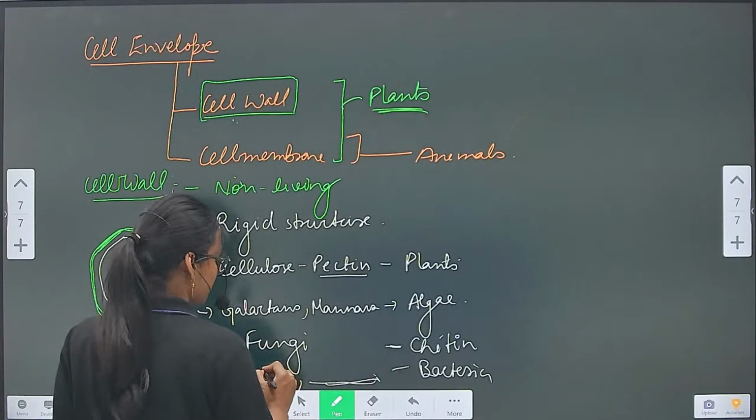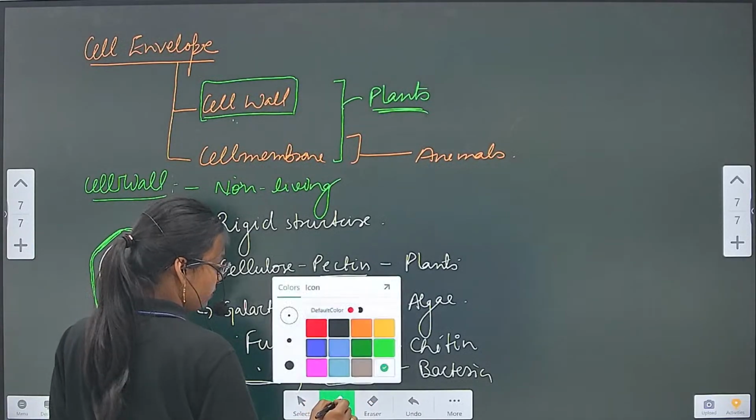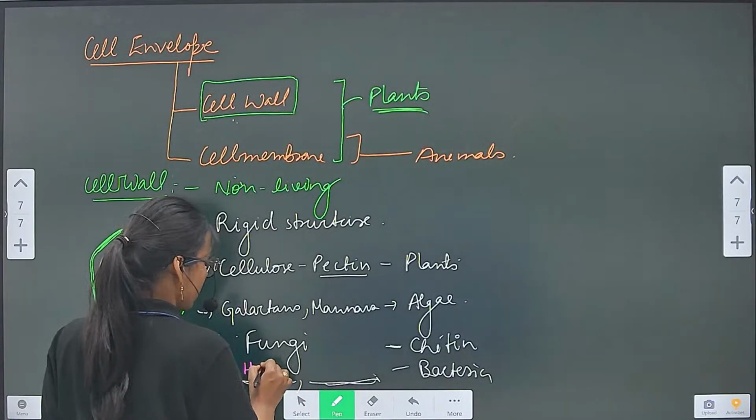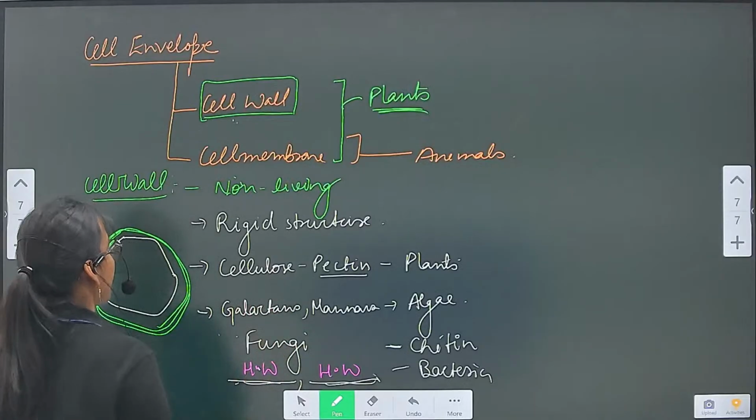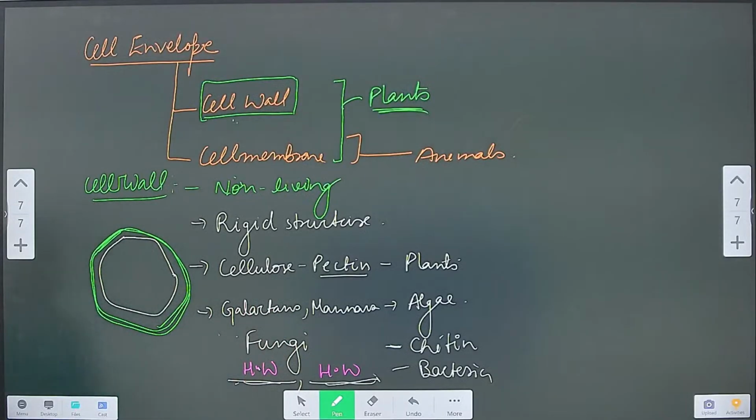So you will be writing this by your own. I am giving you this as homework. So you can see the rigid, non-living structure, the cell wall is made up of different substances in different organisms. If it is plants, it is made up of cellulose and pectin, and there is also hemicellulose.